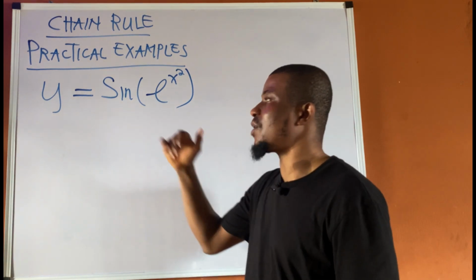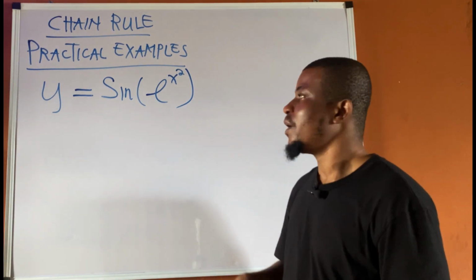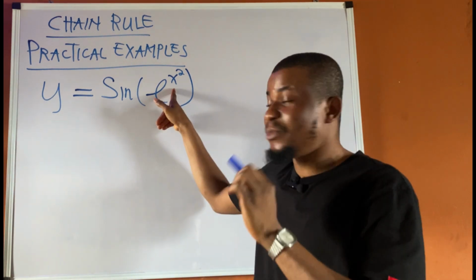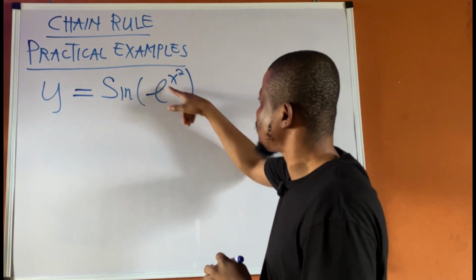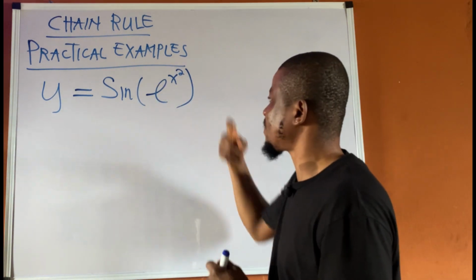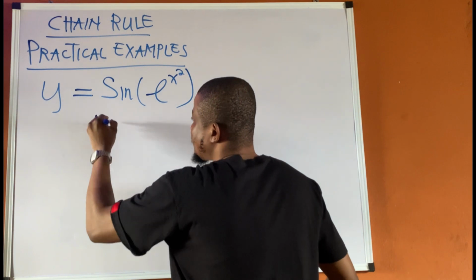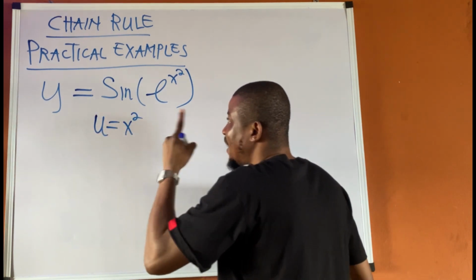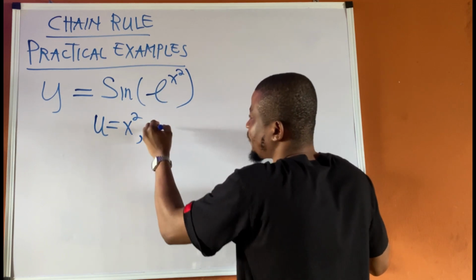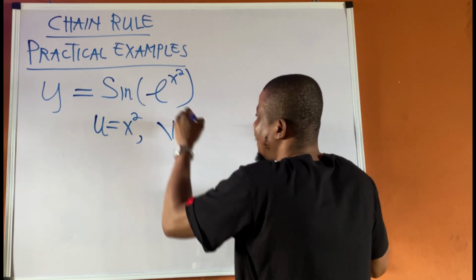Okay. So how do we tackle this problem using the chain rule? First of all, we identify the various functions. We go to the innermost function, which is a very direct function of x. We identify x squared. So our u is x squared, the innermost function. Then after u, we can call this v. v becomes exponential.